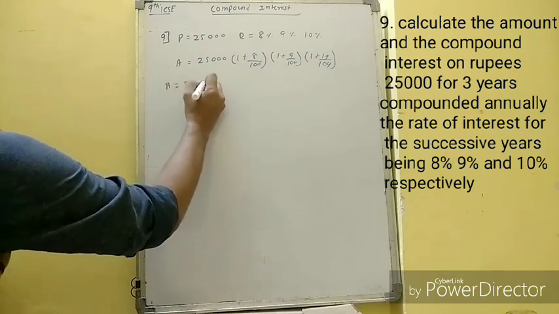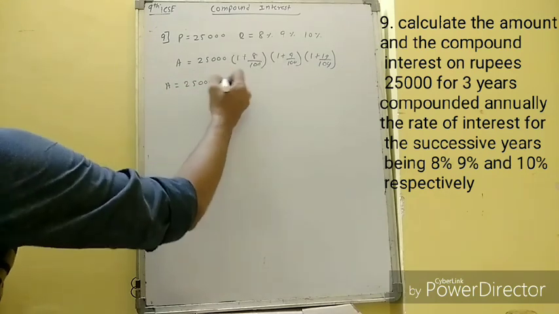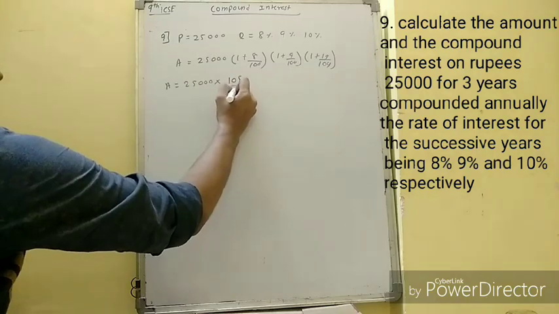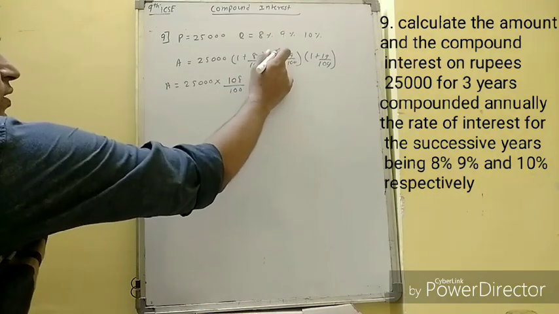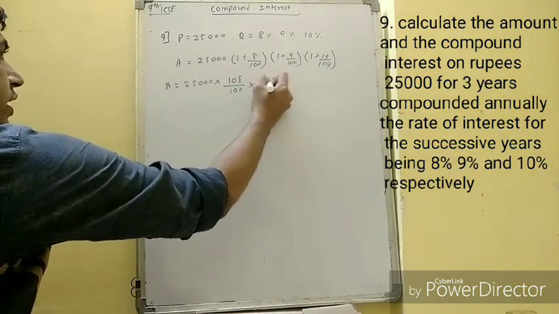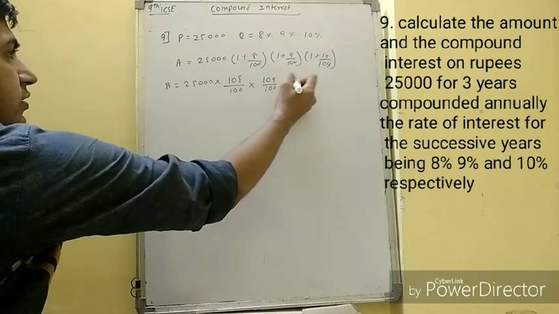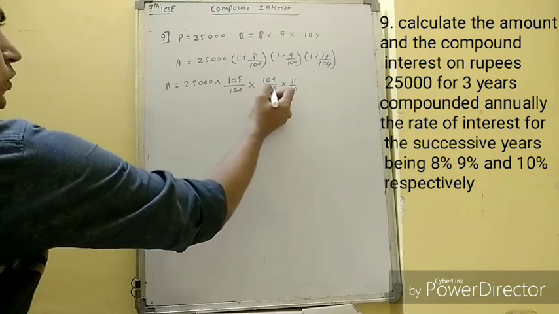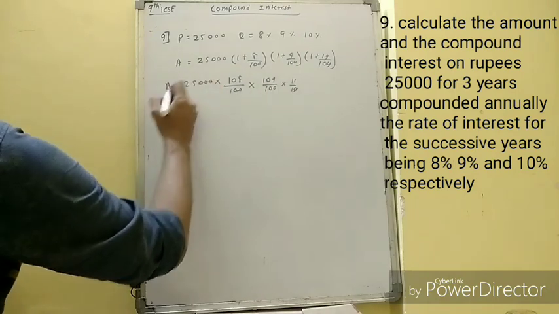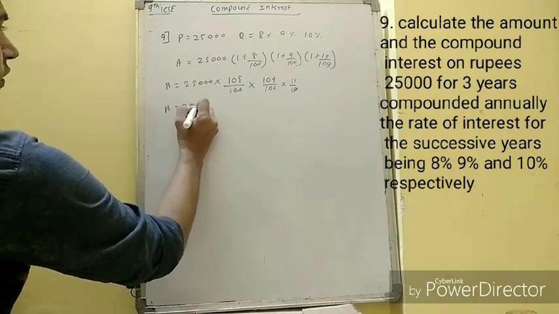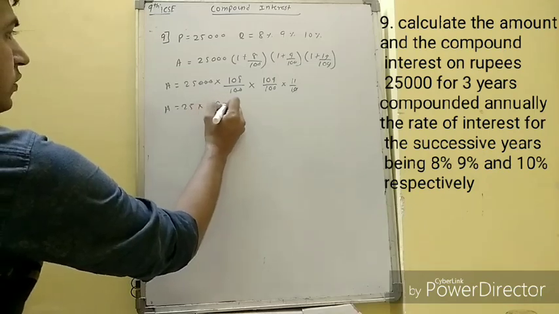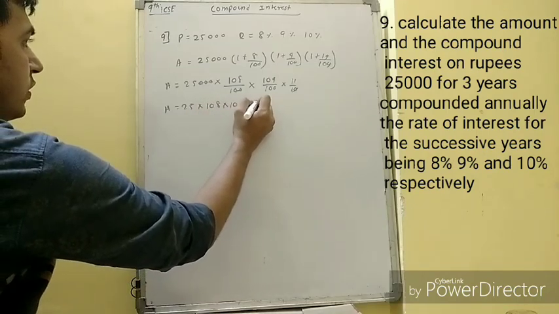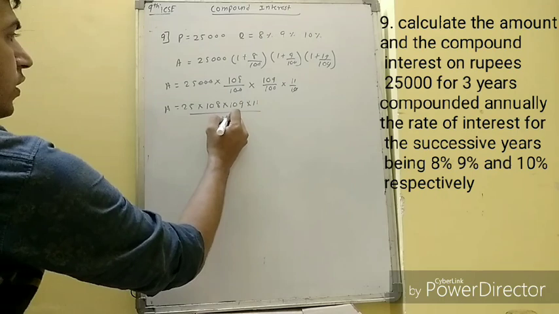So we have 25,000, 100 plus 8, it is 108 upon 100, 100 plus 9, 109 upon 100, and yes, it is 11 upon 10 over here. So 2 zeros and this 1 zero, 3 zeros get cancelled. Amount is equal to 25 into 108 into 109 into 11 upon 100.